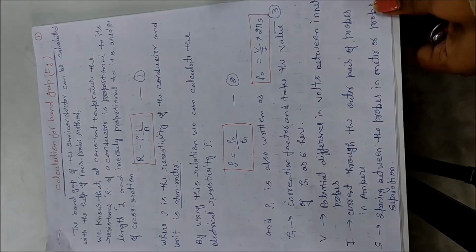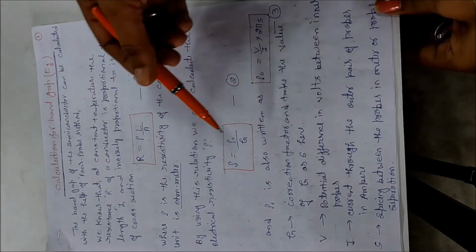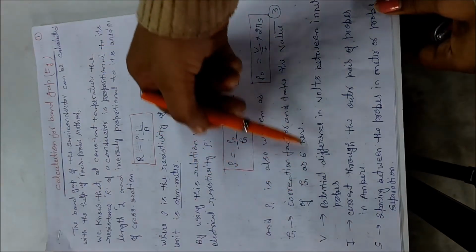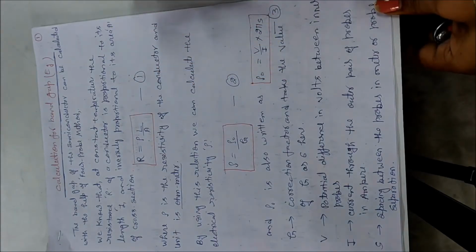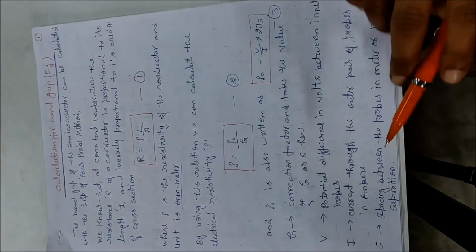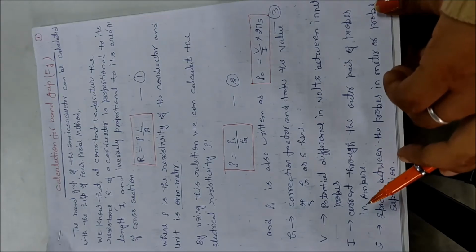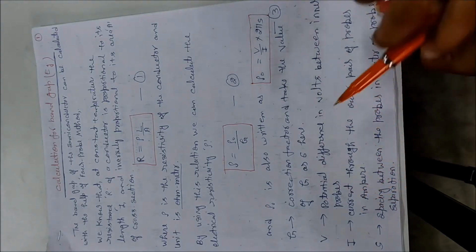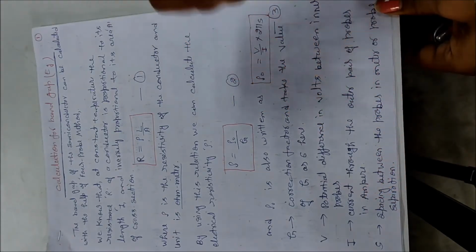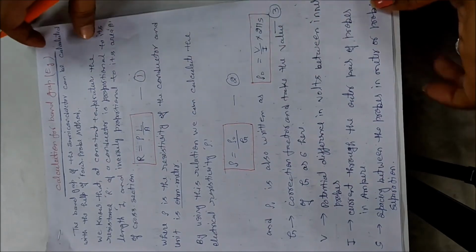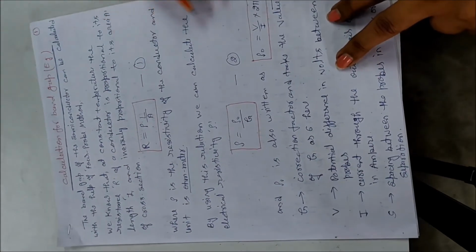Here the probe separation is 2 mm, V is the potential difference in volts between the inner probes, already discussed, and I is the current through the outer pair of probes in ampere.